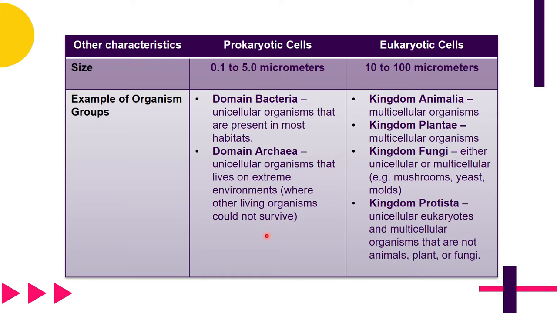The ones that can survive in extreme environments are, for example, unicellular organisms that can tolerate extreme conditions, like in a very hot spring. There are archaeans that survive in environments with little oxygen.